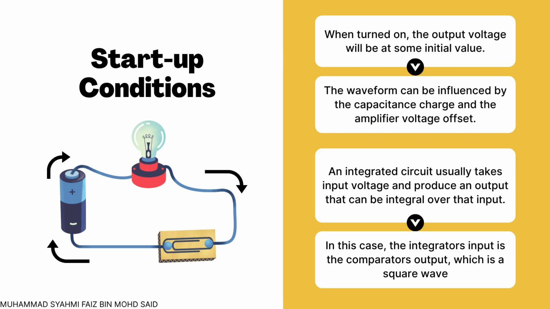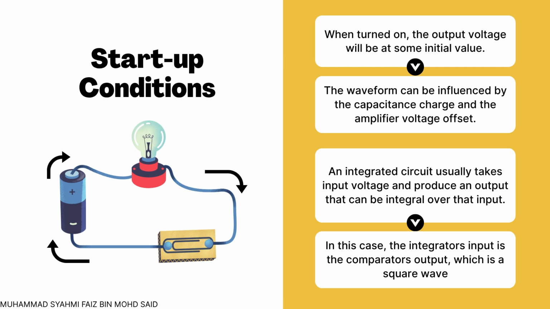Secondly, the waveform can be influenced by the capacitance charge and the amplifier voltage offset. This is crucial because capacitors store energy, and during startup, their charging or discharging can significantly affect the shape of the output signal or waveform.